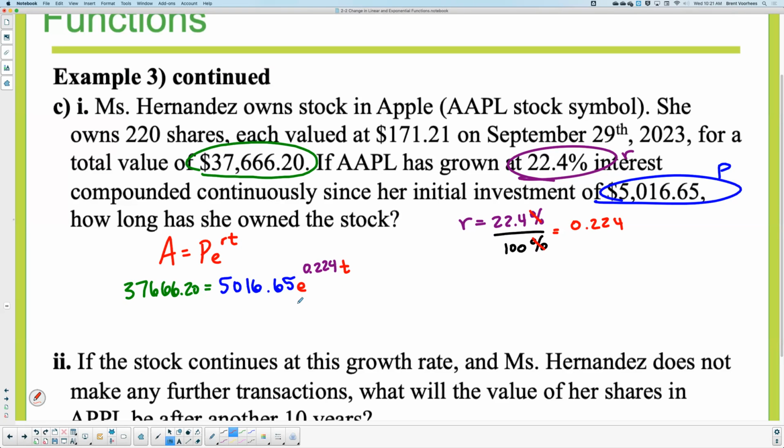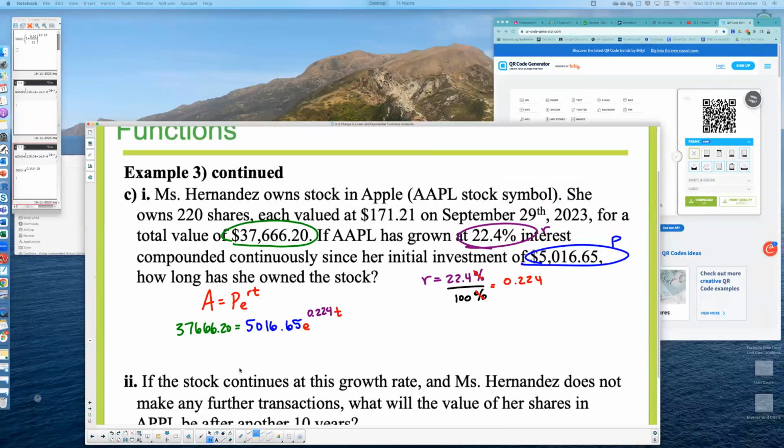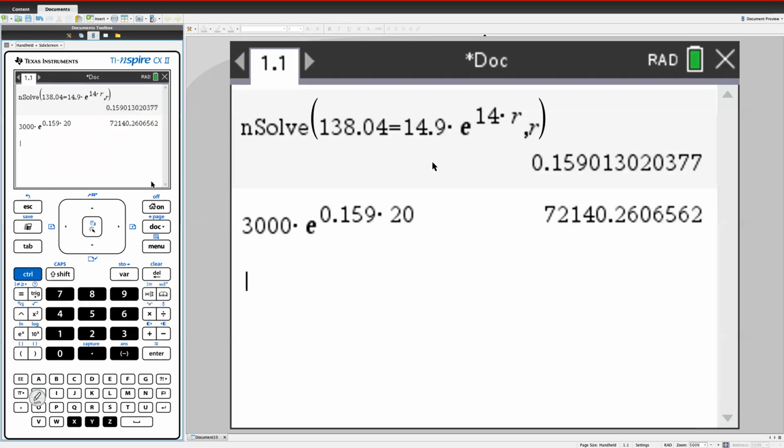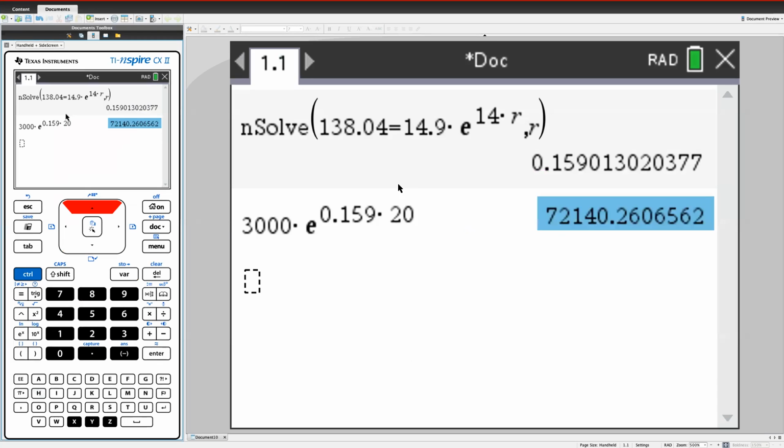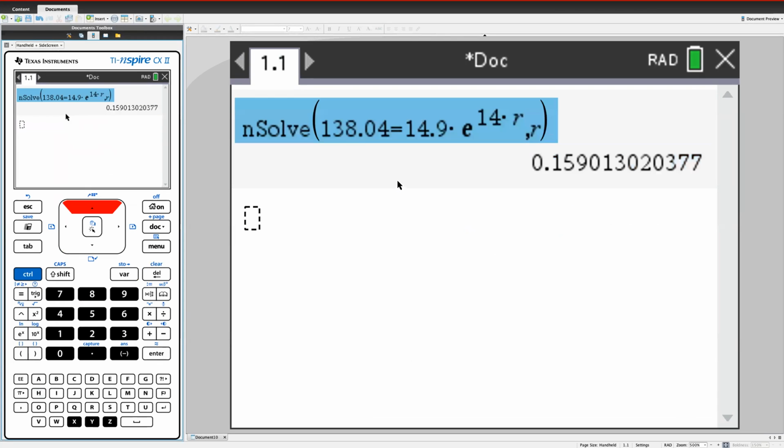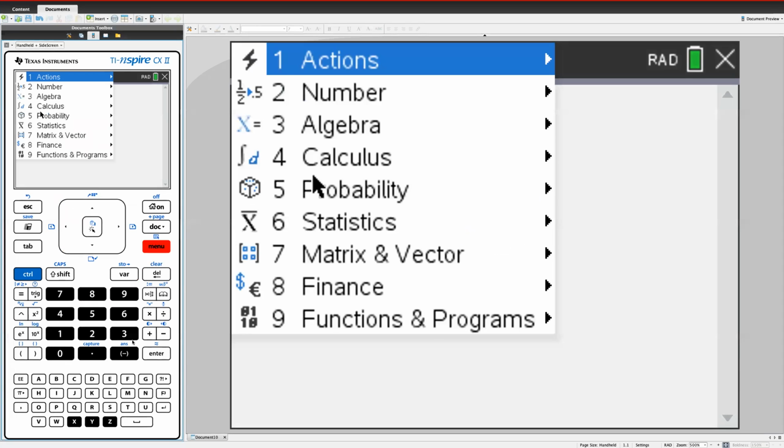All right. So again, I haven't taught you how to solve these yet. So we're going to use solve. And if you're going to solve, don't reduce anything. Straight up go from there. So we go to our calculators. Menu 3-1.